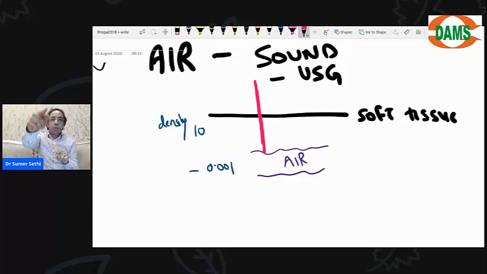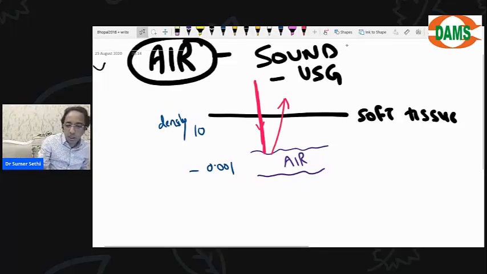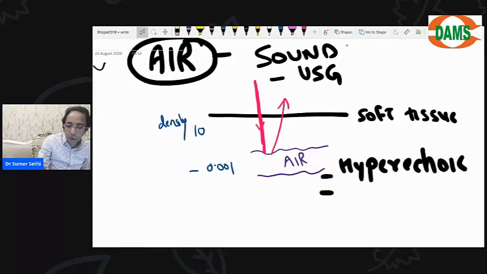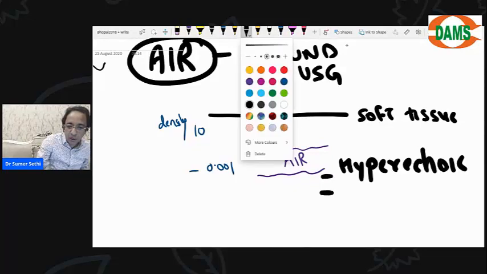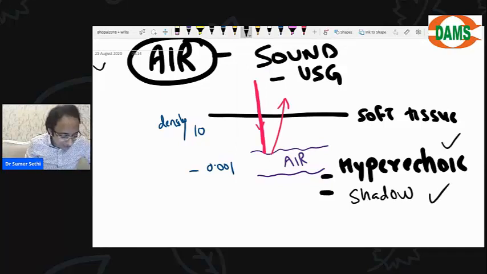But remember in school they told you, if the density is changing too much, like where you see here, then the wave will bend so much that it will get internally reflected. And that is why air-filled structures on ultrasound appear hyperechoic. Because they're reflecting the sound, they show distal acoustic shadowing. Can you see the concept here?